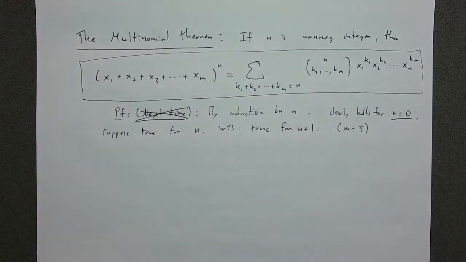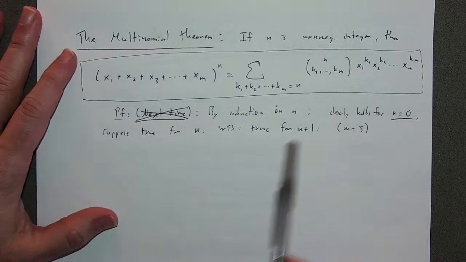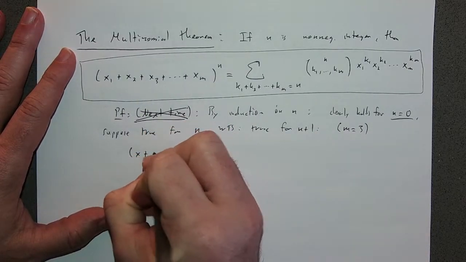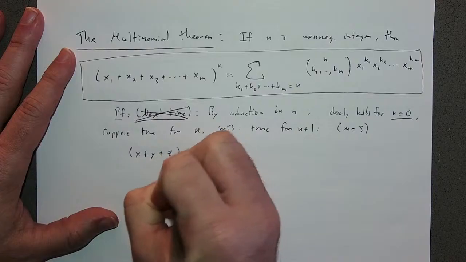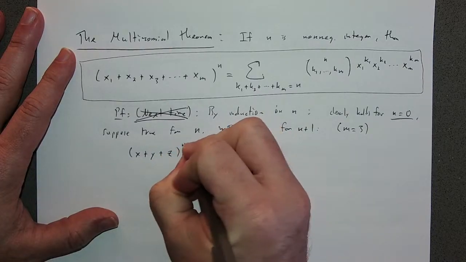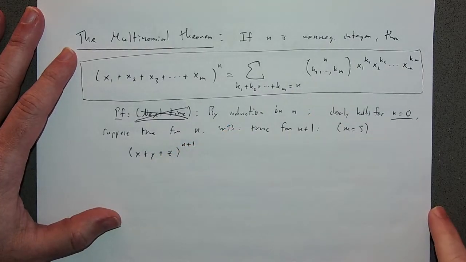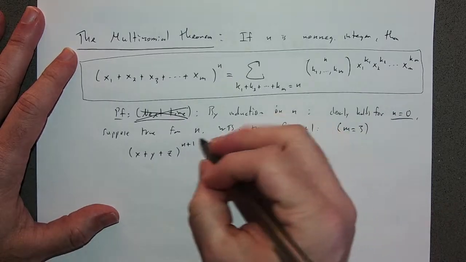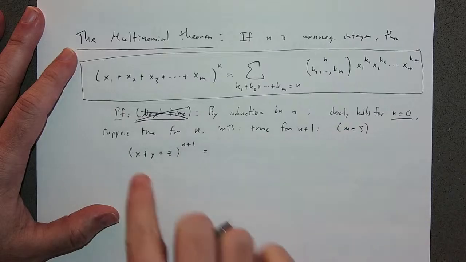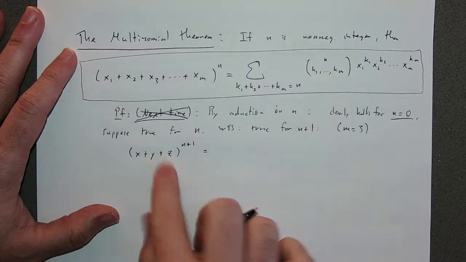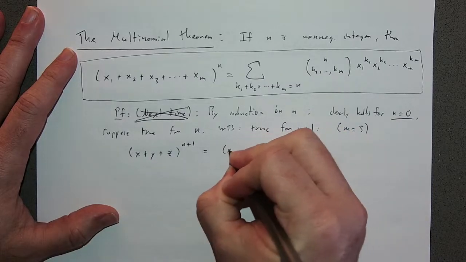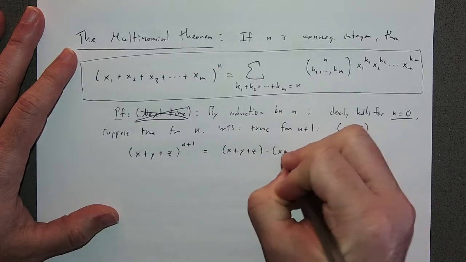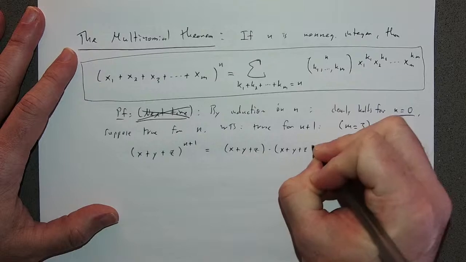But what is true when m is equal to 3, this expression just involves three variables. I'm just going to label them x, y, and z. So if we take x plus y plus z to the n plus 1, what is that? Well, this is x plus y plus z times x plus y plus z to the n.